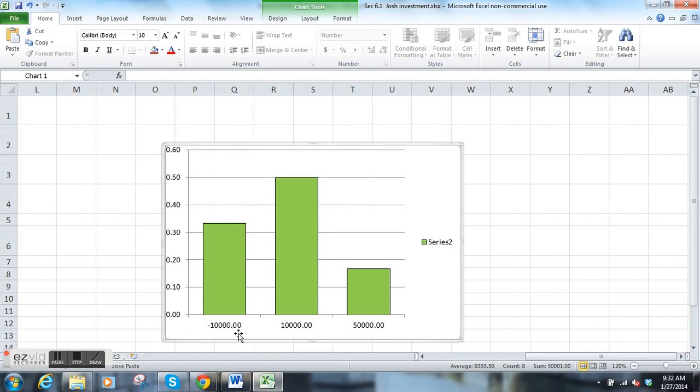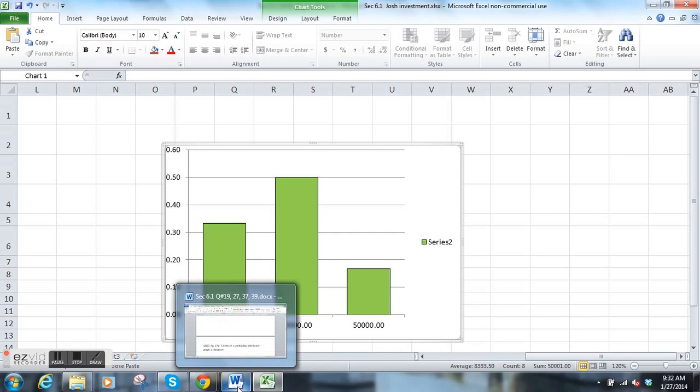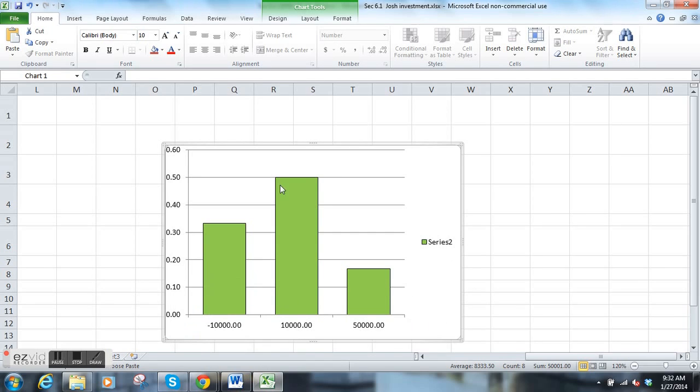You can see the probability that he loses $10,000 is a little bit above 30%. The probability that he gains $10,000 is 50%. The probability that he gains $50,000 is about 16%, roughly 1/6. So when the question asks for a graph, what they want is a histogram like this.